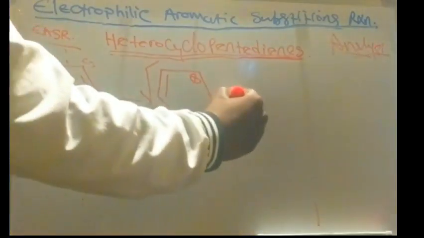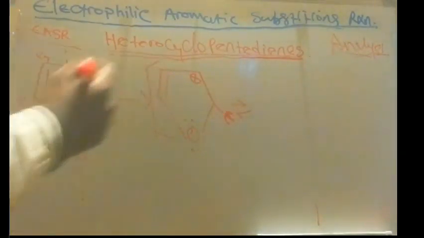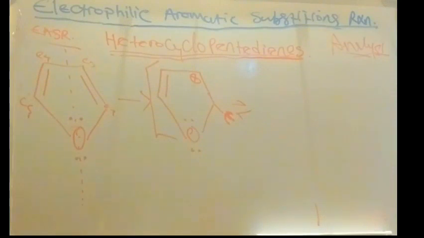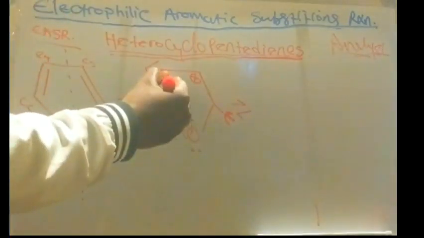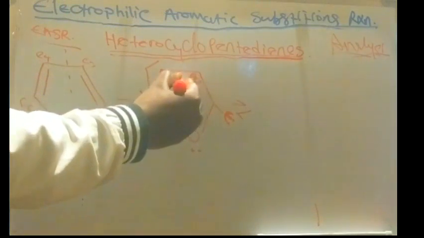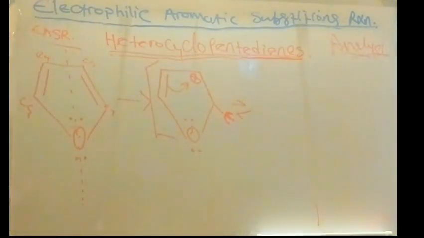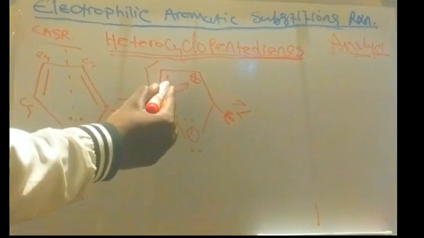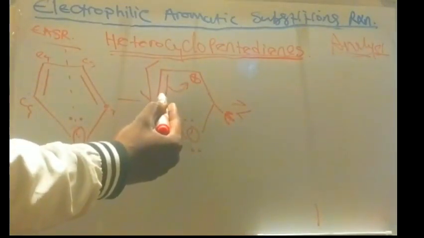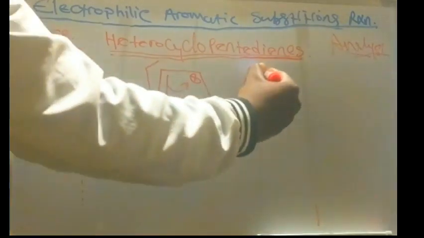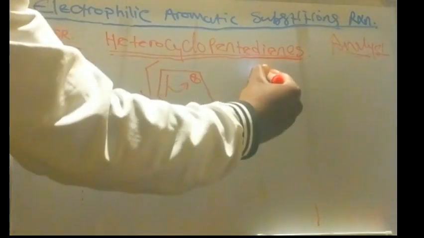resonance intermediate, the positive charge within this structure is able to resonate within the ring. So we see that the adjacent pi bonds are able to stabilize the positive charge. So upon stabilization of this positive charge, we're leaving a deficiency of electrons on this carbon. So we have our second resonance intermediate.